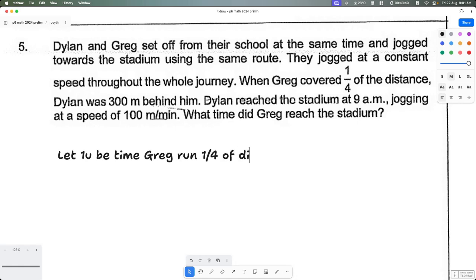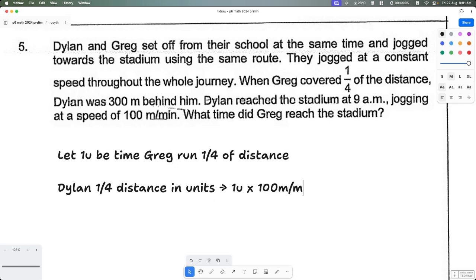Why? Because you want to get Dylan's distance, because Dylan has the speed. So Dylan's 1/4 distance in units is equal to 1 unit times 100 meters per minute. Then this is equal to 100 units meters. I'm just going to bracket this in meters.